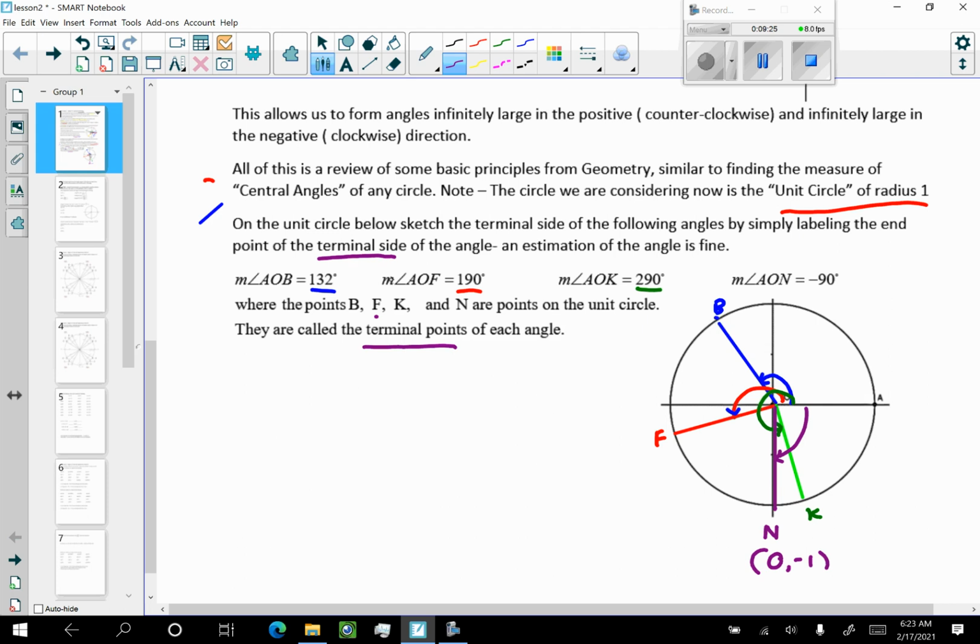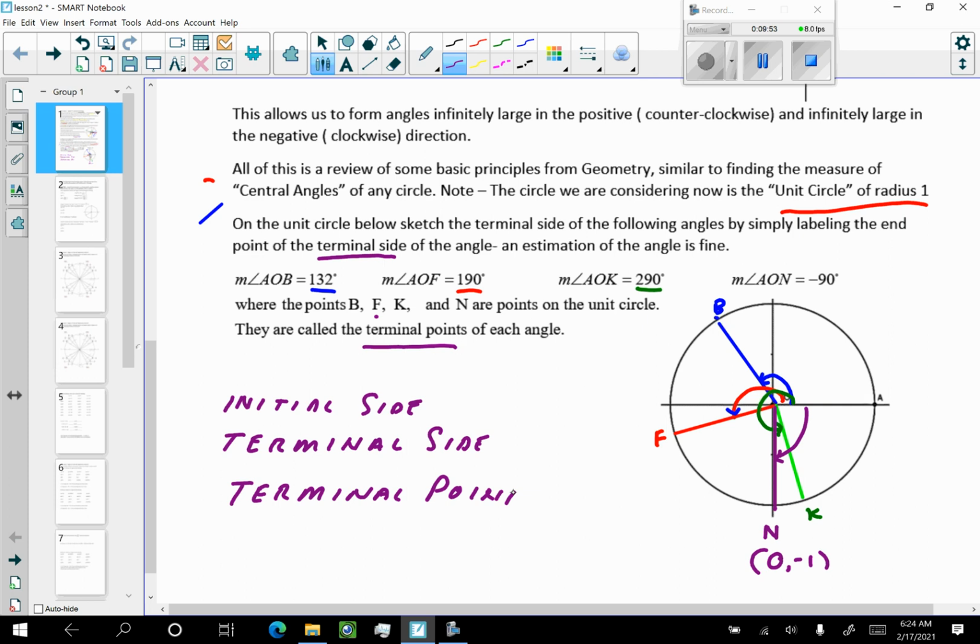So there's a couple vocabulary words that we need from this lesson. One is the initial side of an angle, the terminal side. And this is going to be very important, the terminal point of an angle.